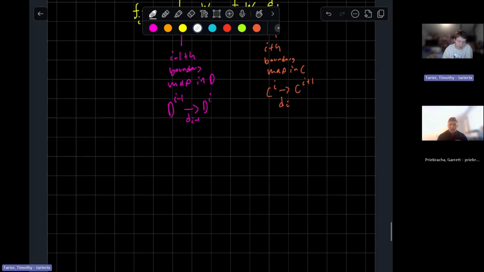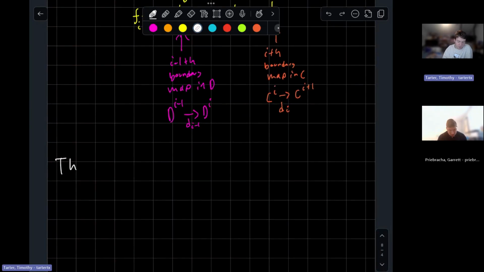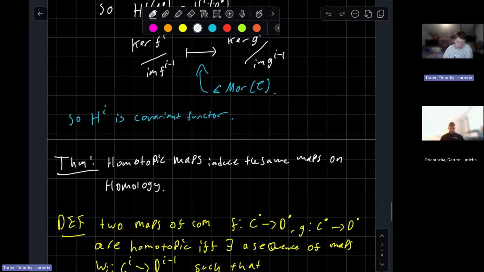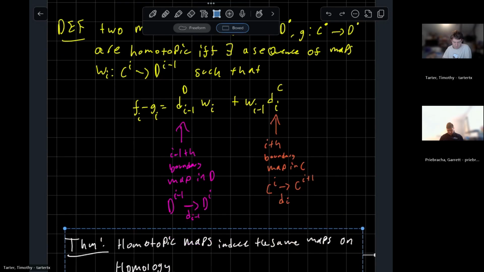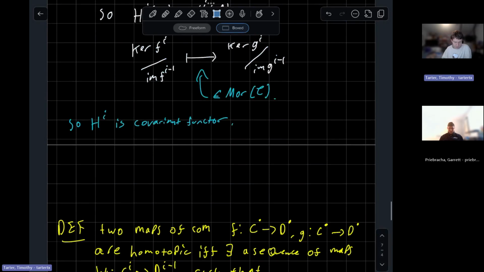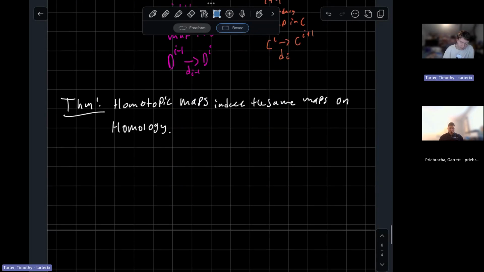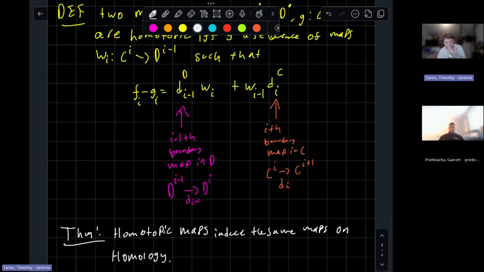And so now we want to show, okay, so the theorem, now we want to prove this theorem. And I'm just going to move the theorem down here. Okay. So, two maps are homotopic.